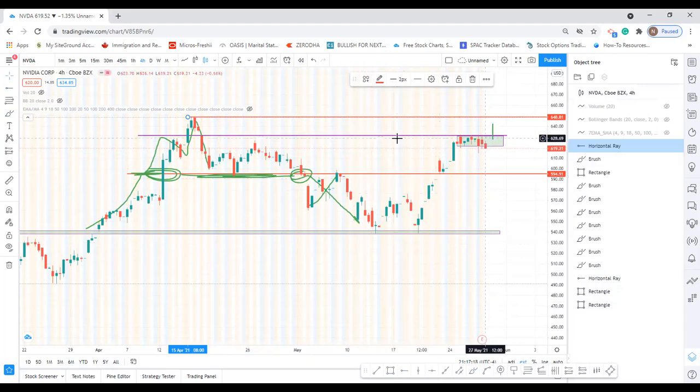Okay, so this is your resistance, this is your resistance, which will become the next support for the next price movement. As of now, this is the resistance, but if the price goes up and holds above this level, you can say this is now your new support area. So support and resistance will interchange when the price moves.